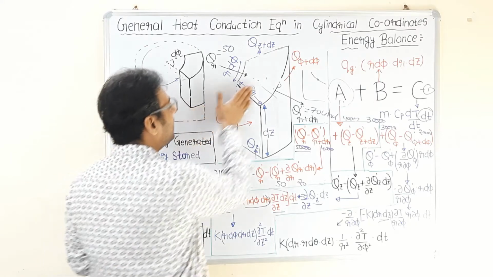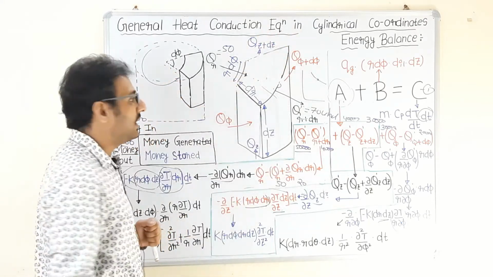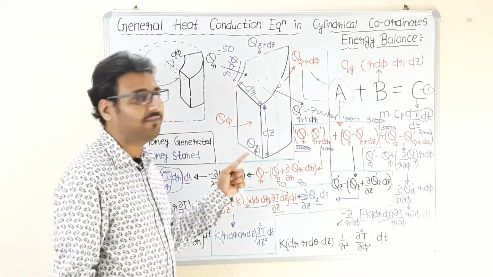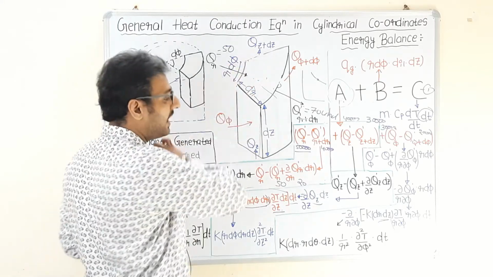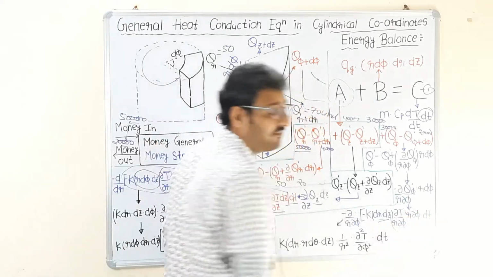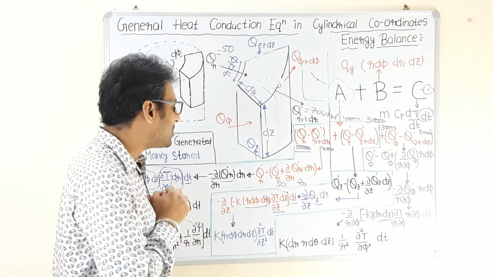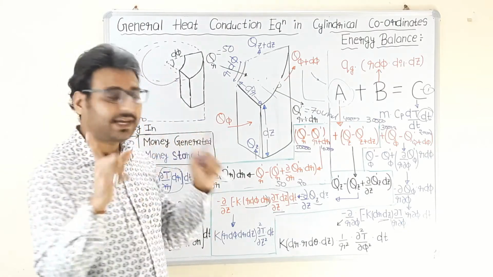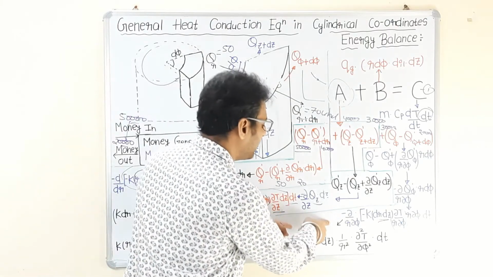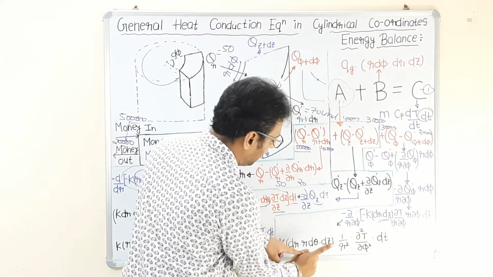Heat is flowing in this direction, so the length along the heat flow will be r dφ. When we multiply this with dt, we will get the total amount of heat change in the tangential direction. After further simplification, we will get the equation like this.